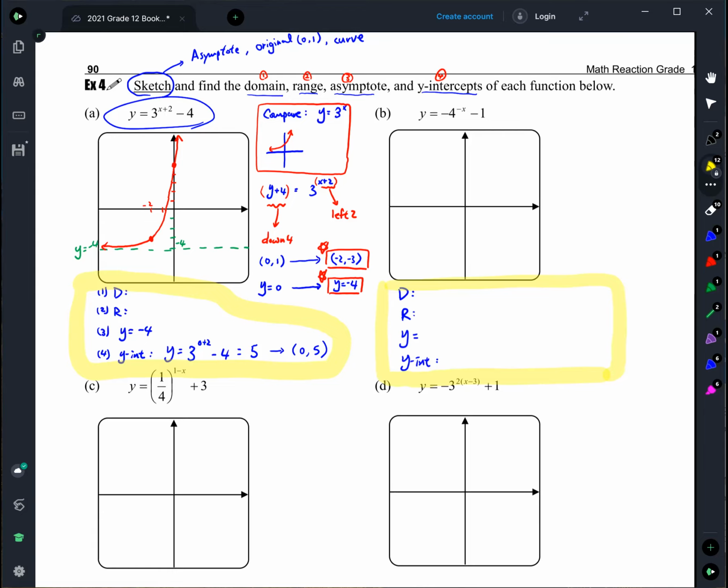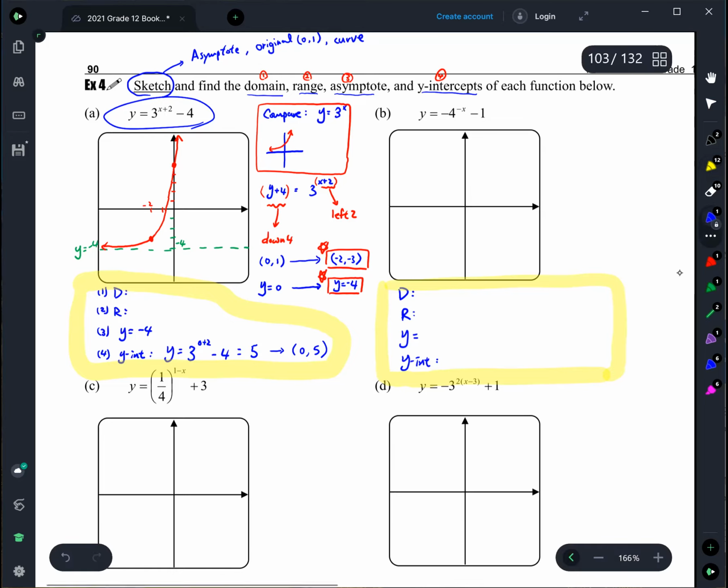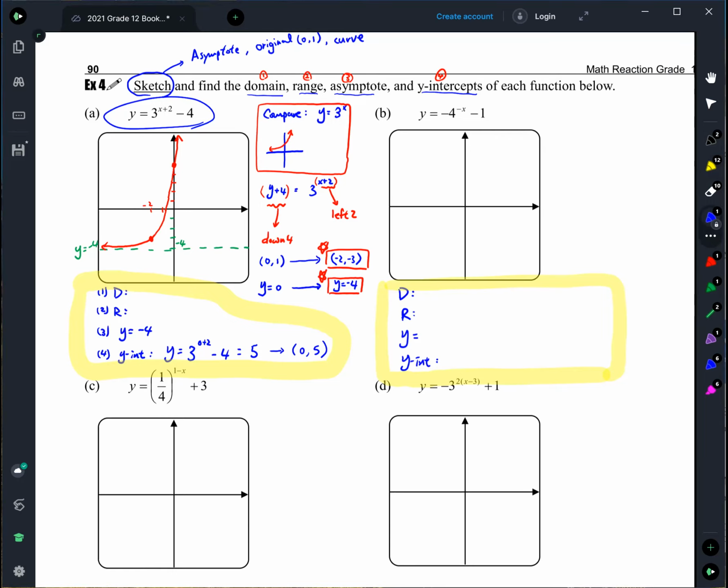It's just every point has been moved left and moved down, okay? Move to a new location. Right, we should got the domain range by now, okay? Domain range is not too difficult. Okay, Nick, what's the domain?